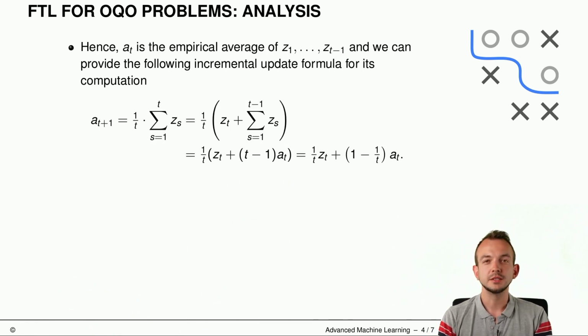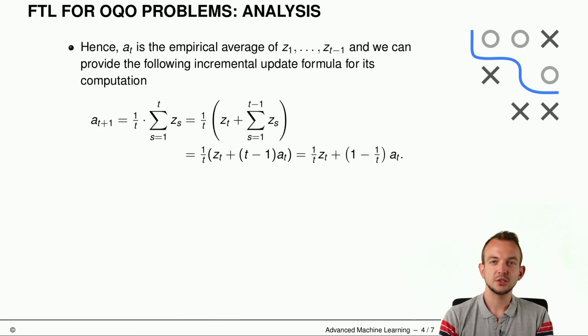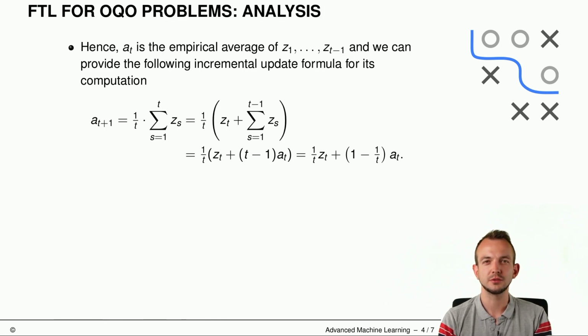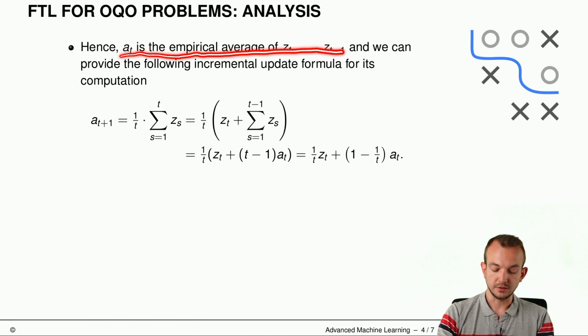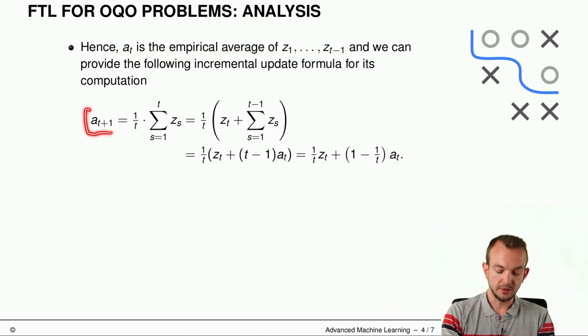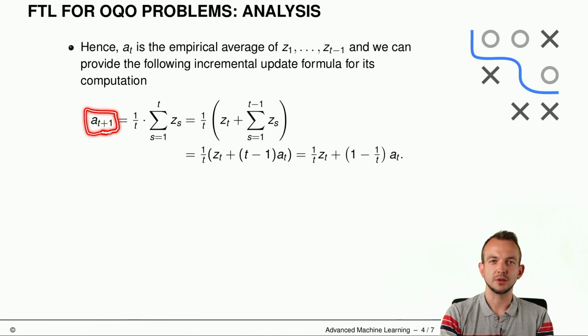Now, since we know that the action is now the empirical average, we can also show that with this knowledge we can have a very cheap update formula, which will be also of use for the remaining proof. So if we know AT is the empirical average, then, well, AT plus 1 will still be the empirical average.